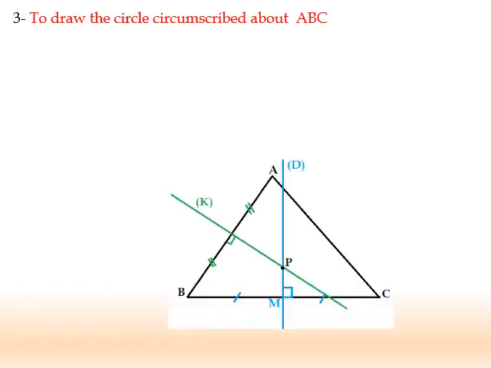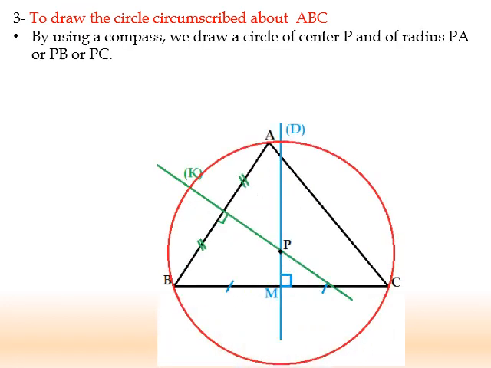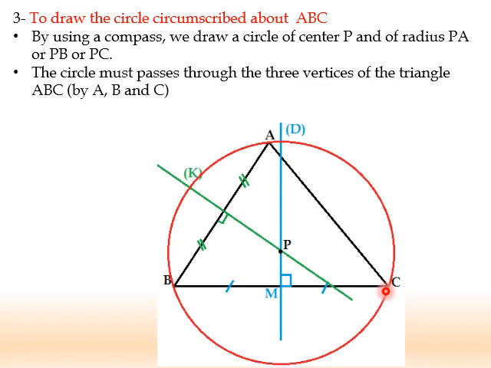Now, to draw the circle circumscribed about ABC, as we said, you have to put the compass on P and its other arm on one of these vertices, A, B, or C, and draw a circle that is circumscribed about the triangle ABC.